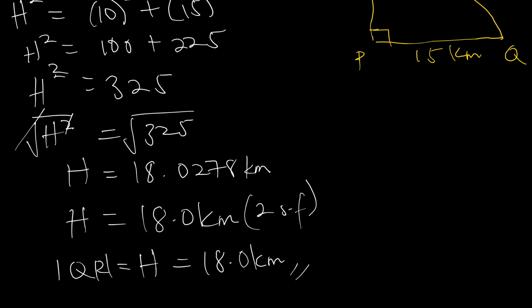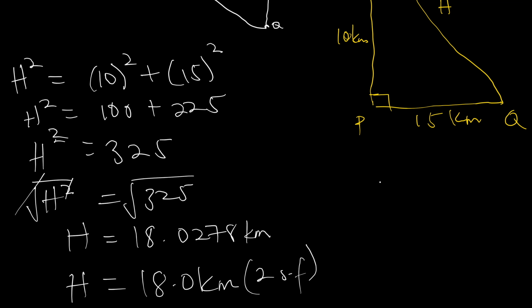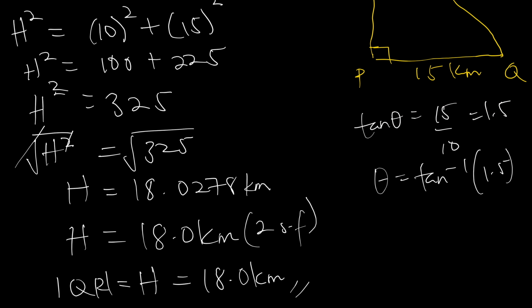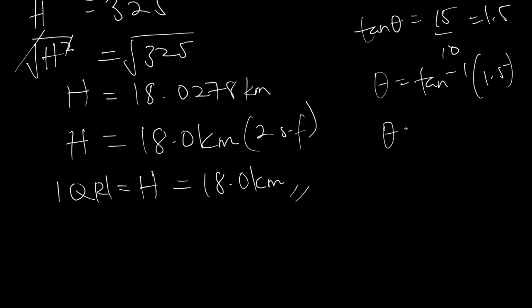We can say that tan of theta is equal to 15 divided by 10, and this is equal to 1.5. When we find the tan inverse of 1.5, theta should be equal to 56.31.